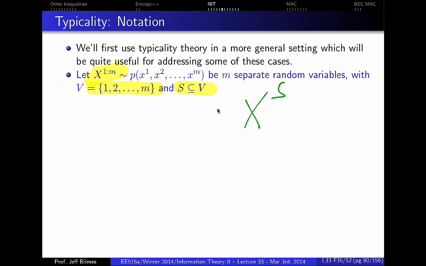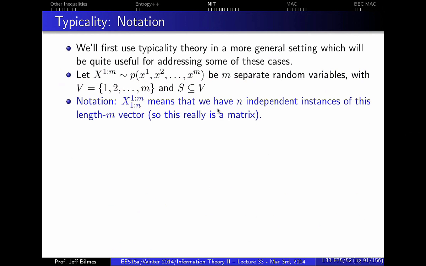The reason for using the superscript to index which random variable it is is because we're going to be talking about blocks of length n of these samples of random variables. Just like when we have one random variable, we need to block code length n samples in order to achieve a given rate, with vanishingly small probability of error. We have to do the same thing here, except that right now we're coding blocks of length n of vectors of random variables.